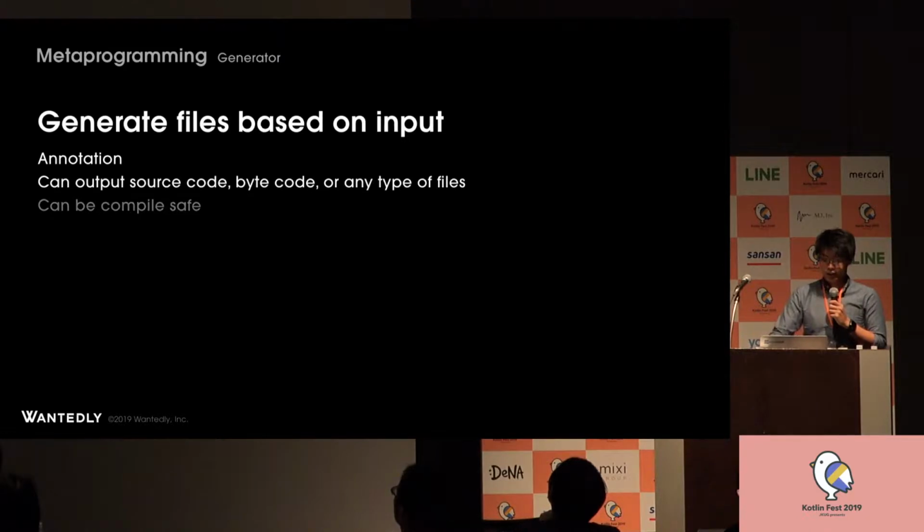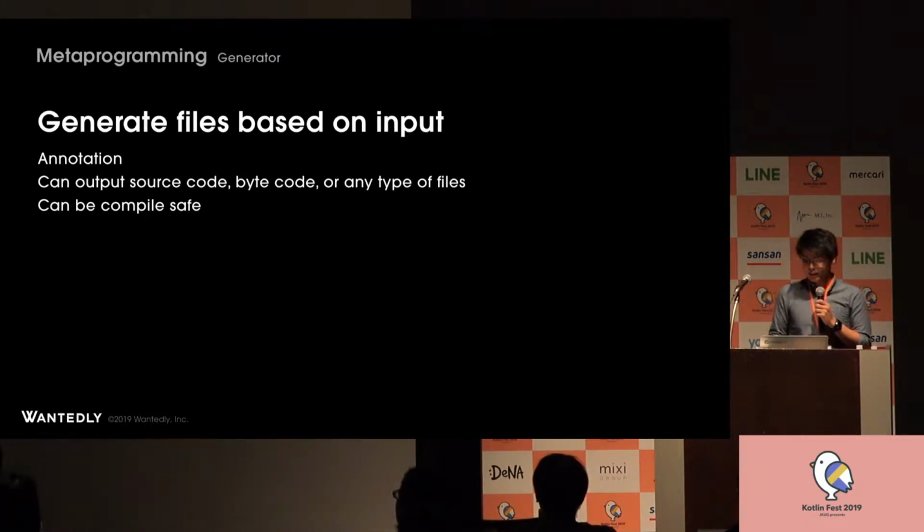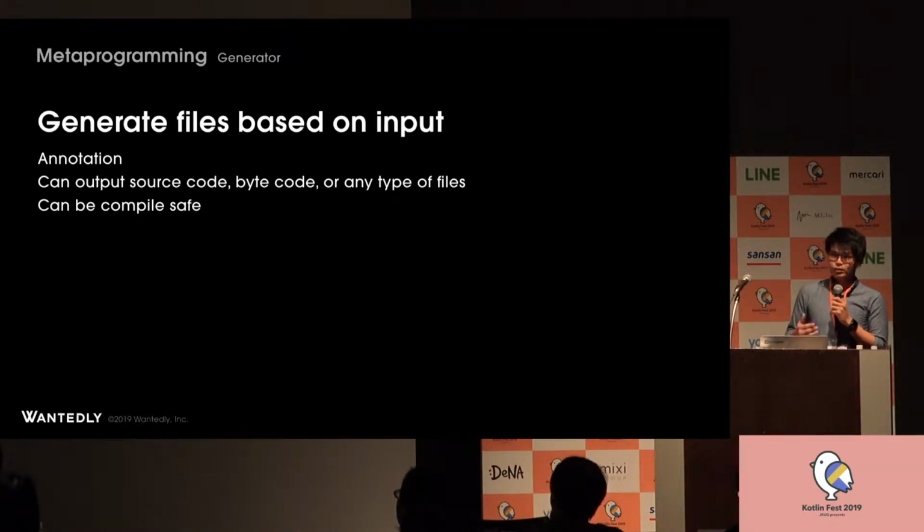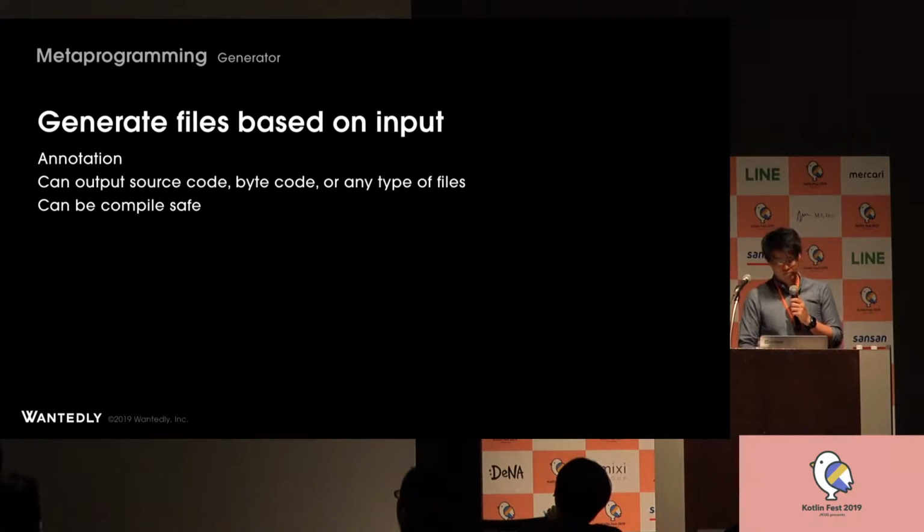And since it is run in compile time, we can add validations and checks to allow it to be compile safe. That is, if there's an error in the generator, we won't be able to build our application, and this is good to ensure that we don't encounter any unexpected bug during runtime.